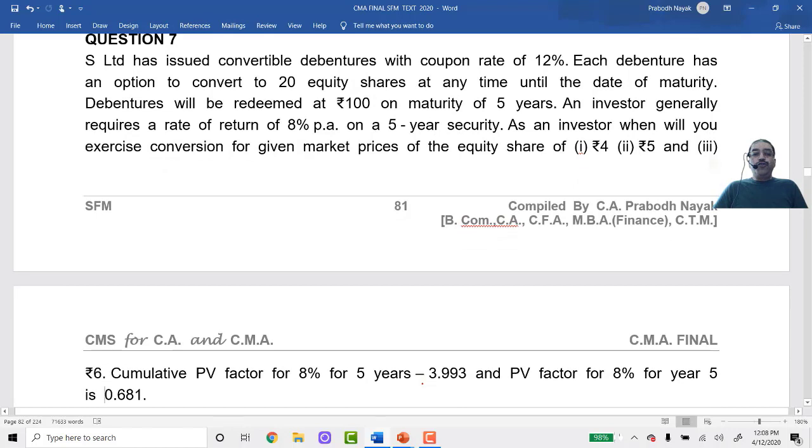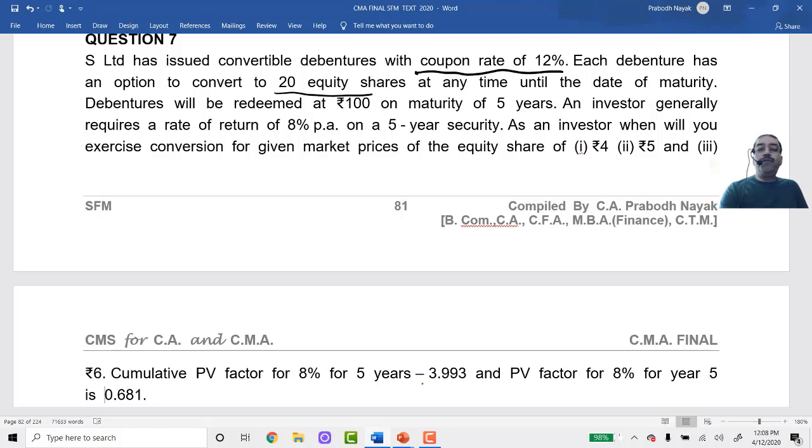S Limited has issued convertible debentures with a coupon rate of 12%. Always underline when you're going through the question. Coupon rate of 12%, rate of interest 12%. Each debenture has an option to convert into 20 equity shares at any point of time till the maturity date.